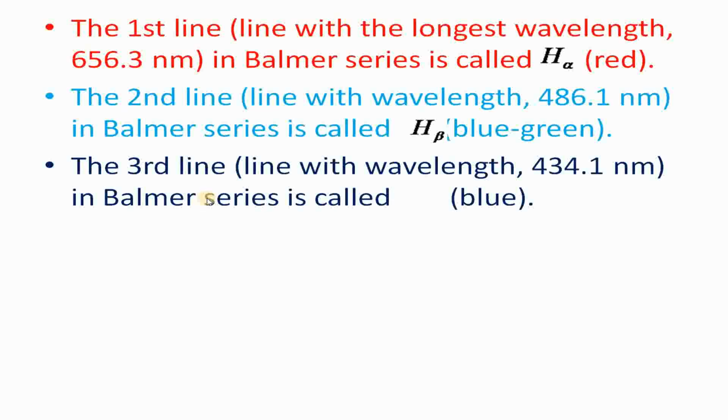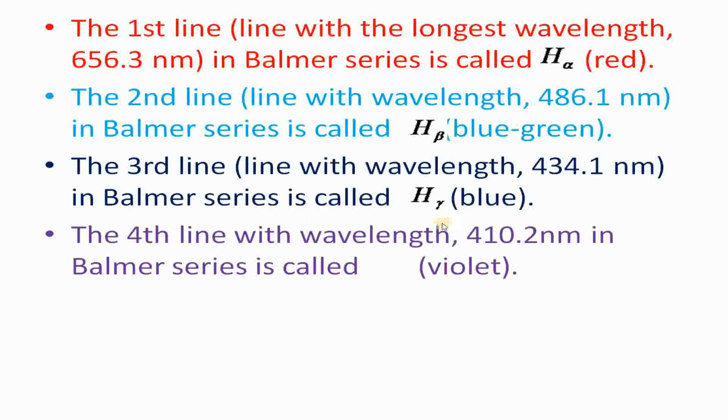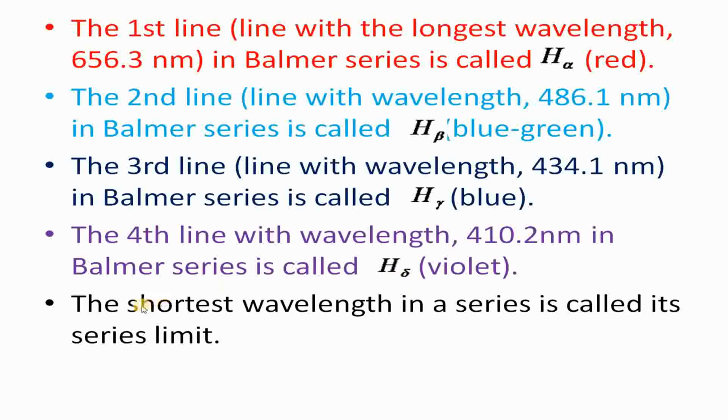The third line, with the wavelength 434.1 nanometer, is called H gamma. The color is blue. The fourth line with wavelength 410.2 nanometer is called H delta. The color is violet.